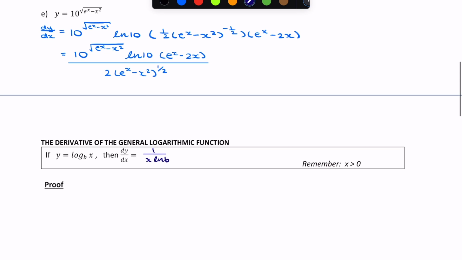Okay, so the proof here, again, if we start with y is equal to log base b of x, what we'll do is we'll use the change of base. So here we get y is equal to ln x over ln b.